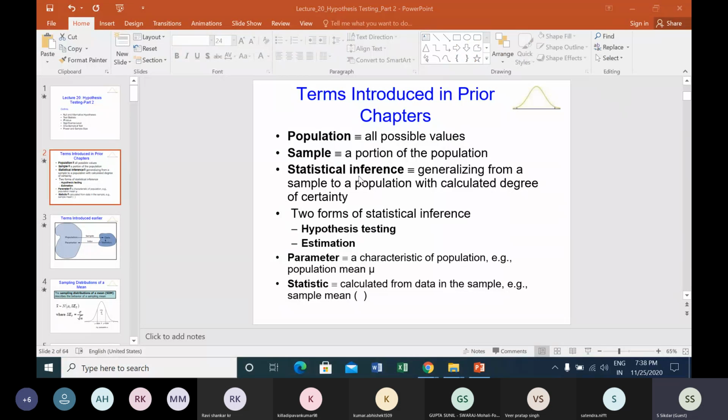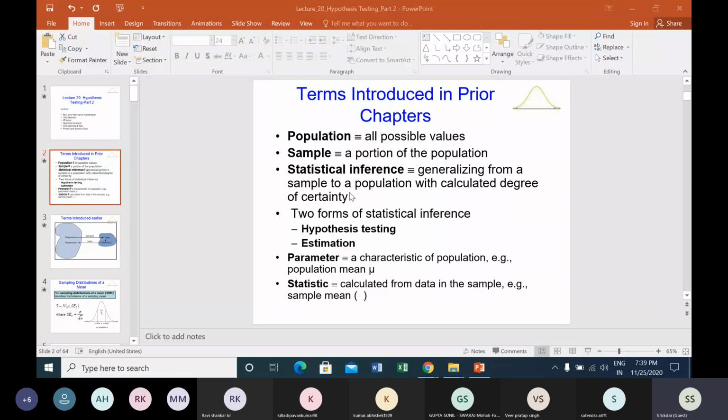And statistical inference is generalizing from a sample to a population with a calculated degree of certainty. That means you are extrapolating. You are doing all the analysis on your sample, which we call a statistic, and from which you say that it is generalized to the population.